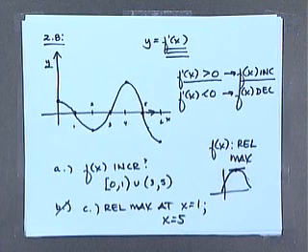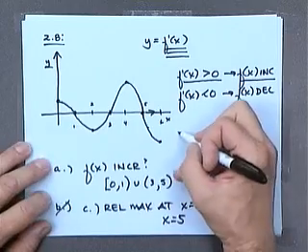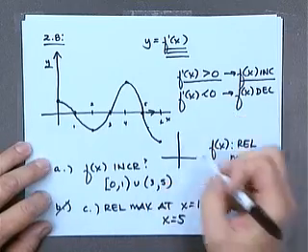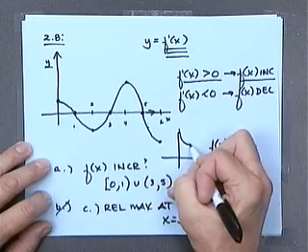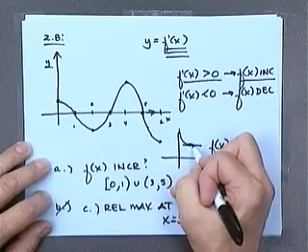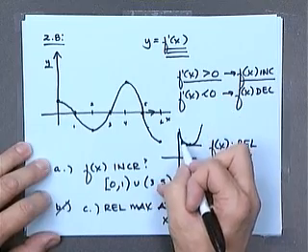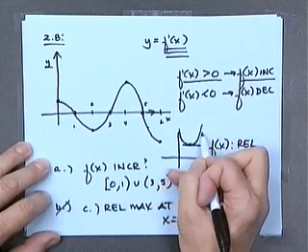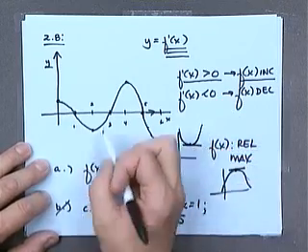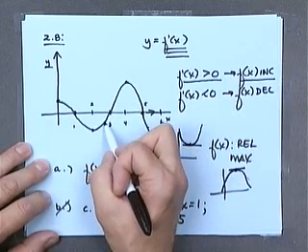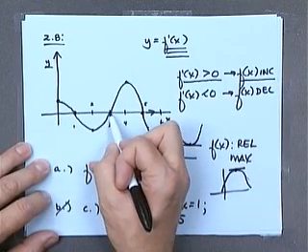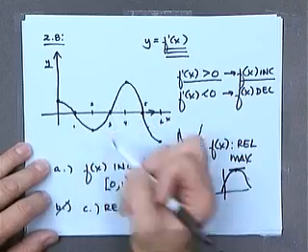And then the relative min would be the 3, right? For a relative min, we would want it to decrease, then be flat, then increase, right? So negatively sloped, 0 sloped, positive slope. So negative to positive, where's that? 3. Yeah, we're negative, 0 at 3, and then positive.